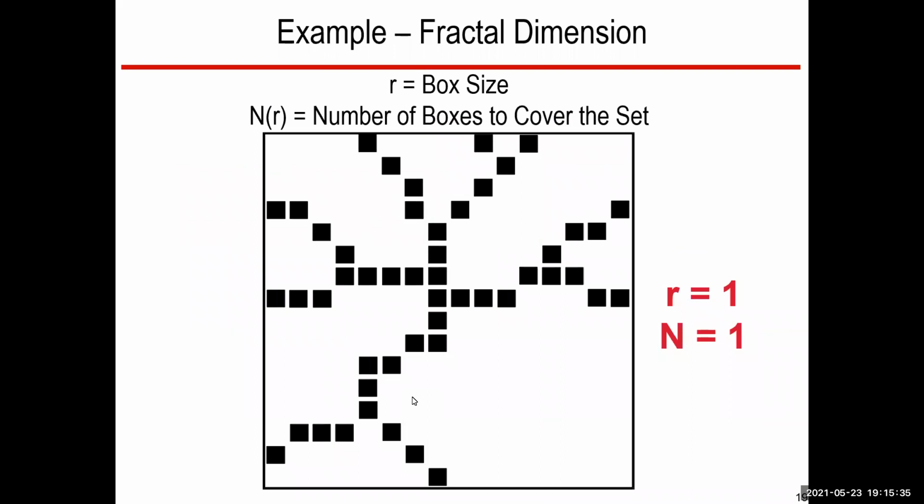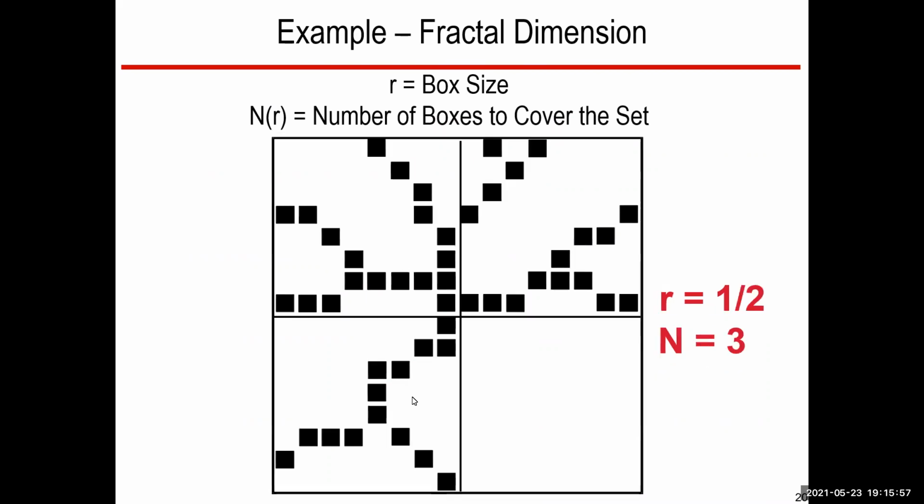Let's imagine we have this object, which can represent a graph. Initially, we can use a box of unit size to cover the object. Clearly, the number of boxes to cover the object is 1 in this case. However, if we vary the box length, imagine this time we change it to 0.5 unit length.